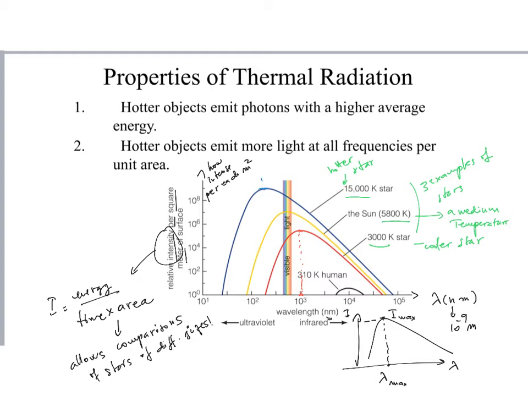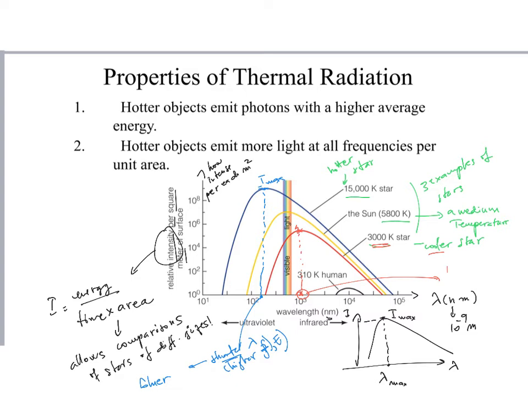So the maximum, you see it moves. It happens at shorter wavelength, or higher frequency, let's use F, or higher energy. So the maximum of the light emitted by a hotter star is at a shorter wavelength, therefore bluer, than the wavelength at which the maximum happens for a cooler star.